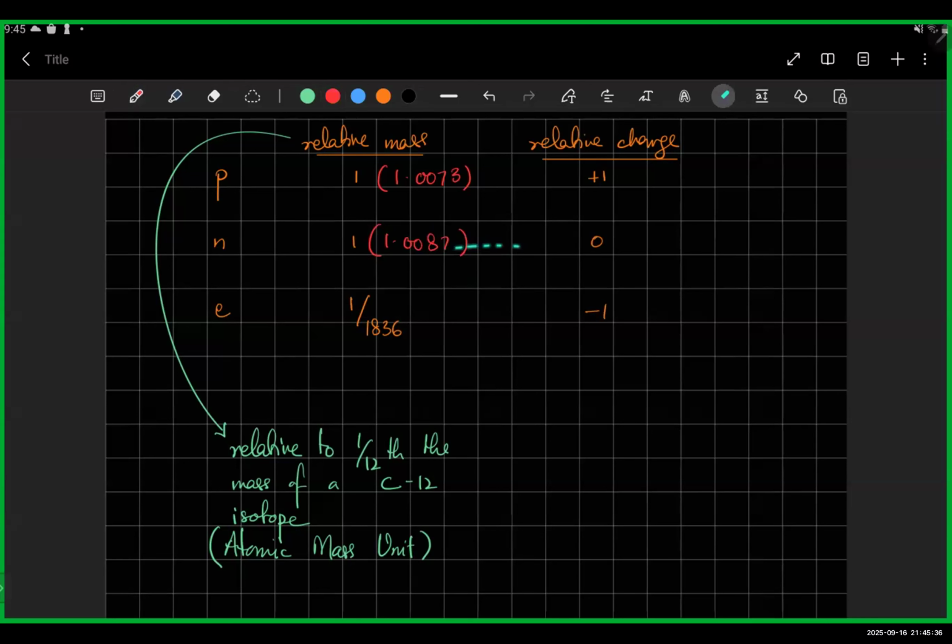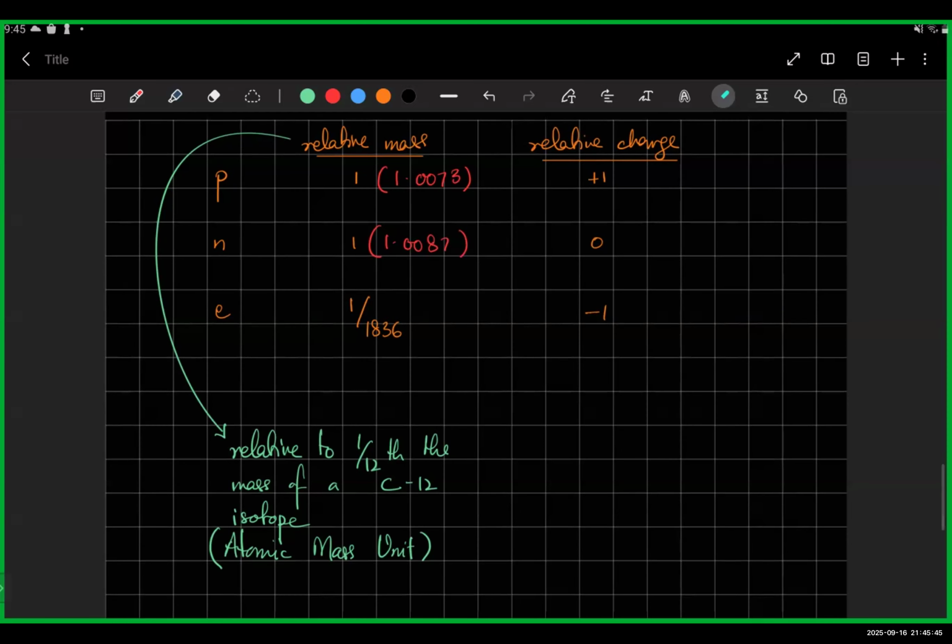I mean, the decimals could just go on. It depends on the accuracy of the device. So this is one major difference. Okay, it's not a whole number. It's something that's very close to one, but not exactly one. And I'm going to write this down. Okay, not exactly one.